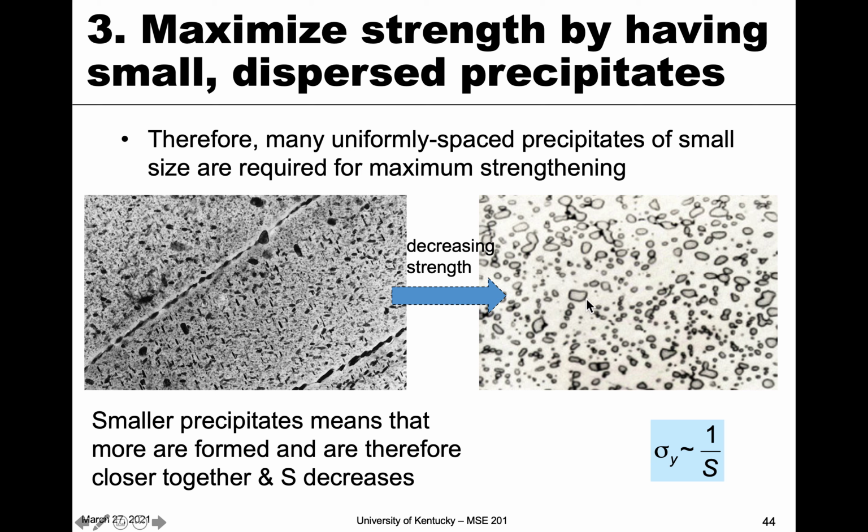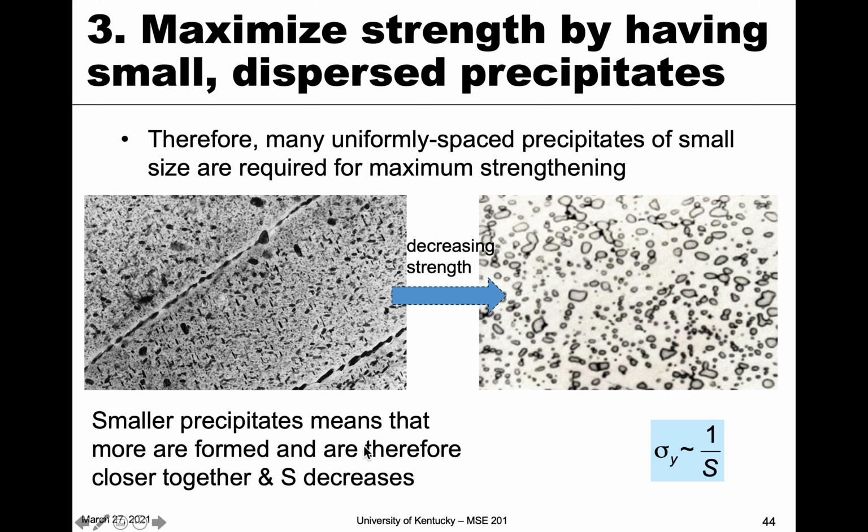If these particles become really large, then the distance between them goes up, and therefore the strength goes down, because it's a reciprocal relationship. So we really want smaller precipitates and more of them if we can help it. That gives us the maximum strengthening.